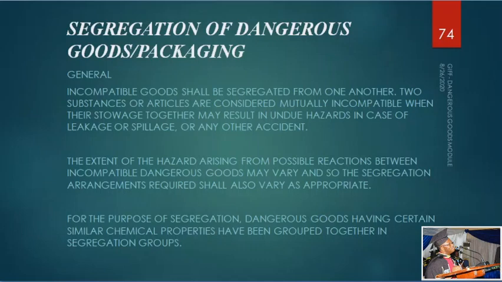So chemicals and stuff which are not supposed to come close to other items because they are not compatible are not put together, to avoid leakage or any other accident. So come to look at it here, generally incompatible goods shall be segregated from one another. Two substances or articles are considered mutually incompatible when their storage together may result in undue hazards in case of leakage or spillage.